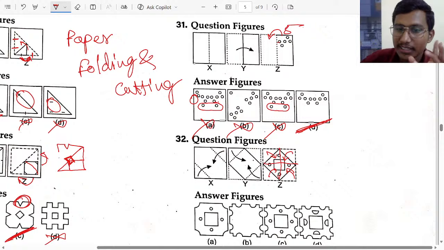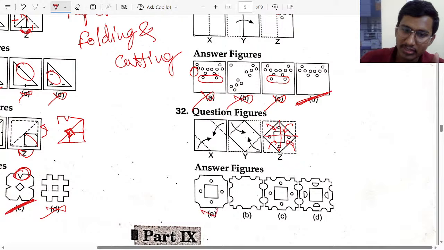Now if you open it up, that circle will be half. In A it is not possible, this circle will come here also, and inside B there is nothing, that is why it is not the answer.